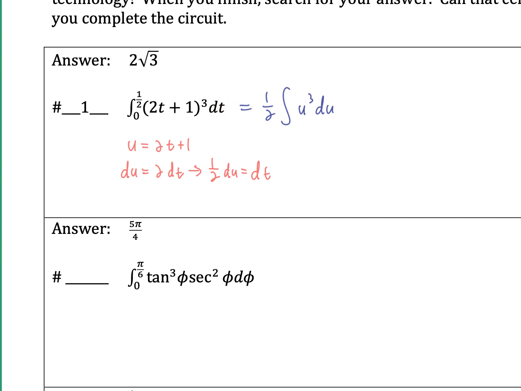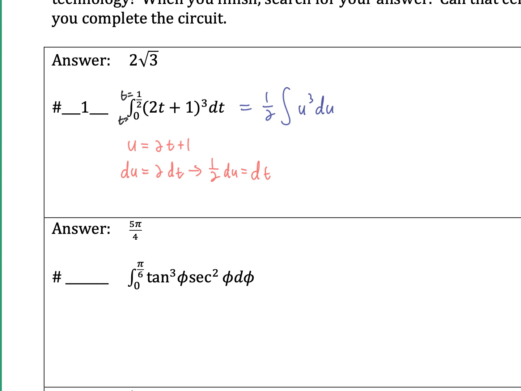So that means that these limits are t values. Sometimes they'll actually write on here t equals 1/2 or t equals 0. Sometimes they'll do that just to emphasize what variable those limits are in terms of.